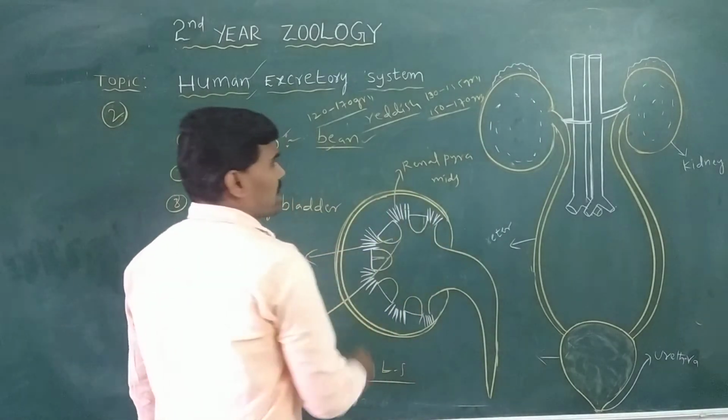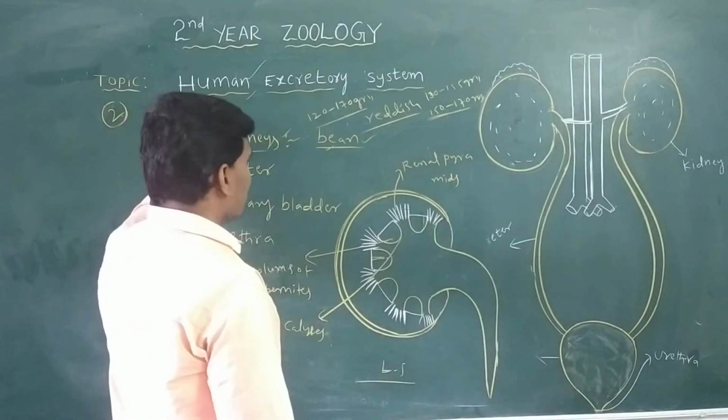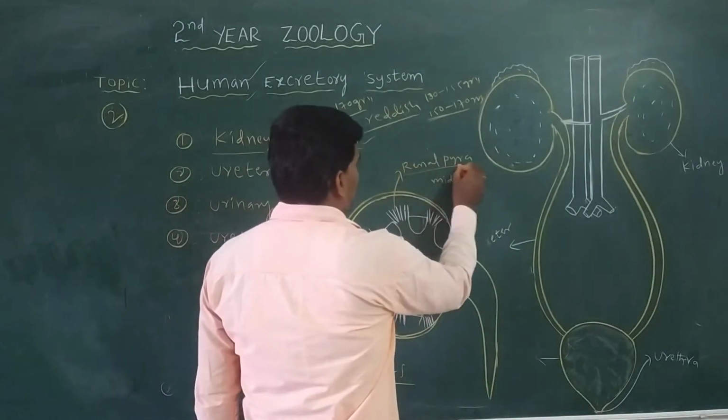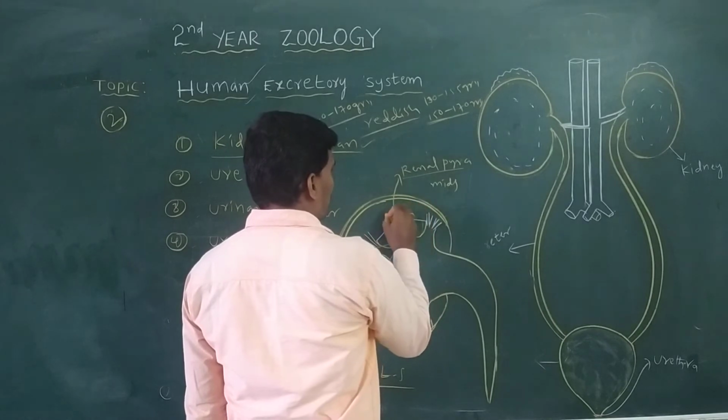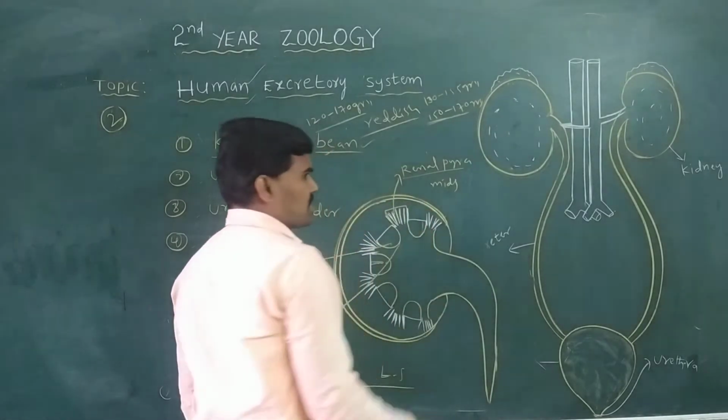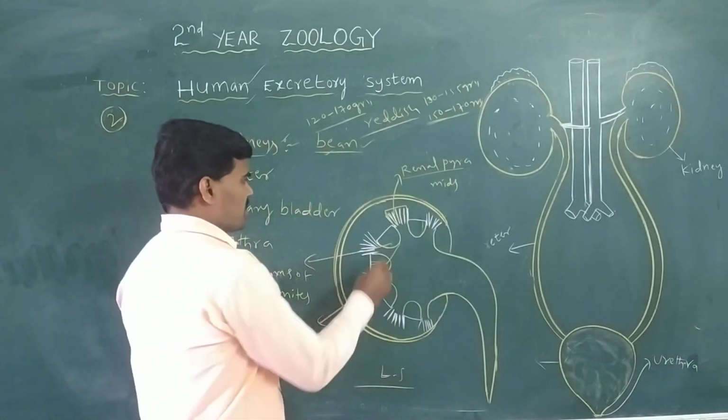Clearly observe the kidney and the renal pyramids. The renal pyramids resemble flower-like structures.